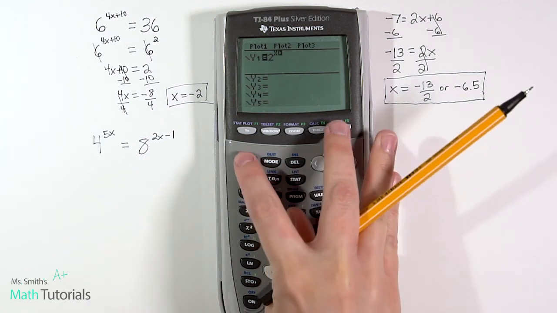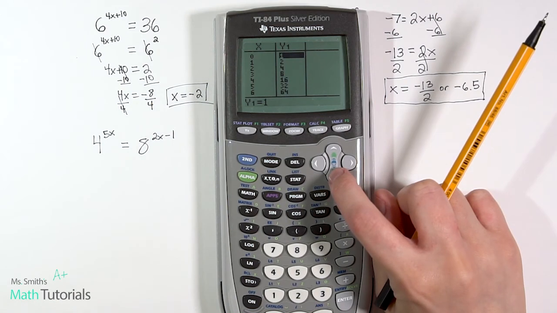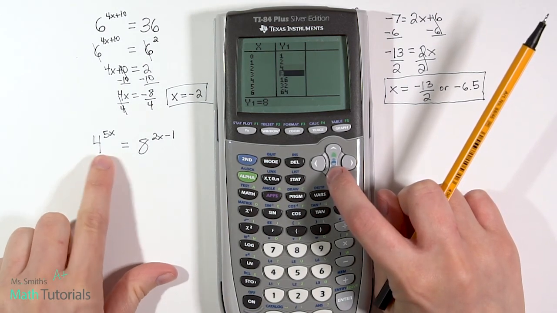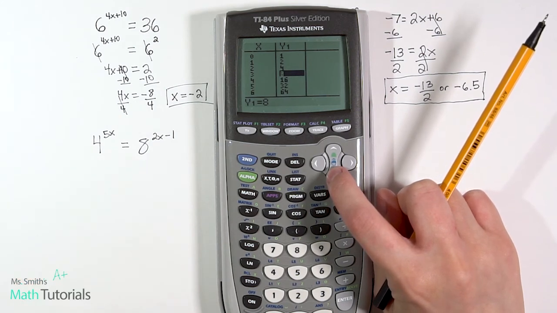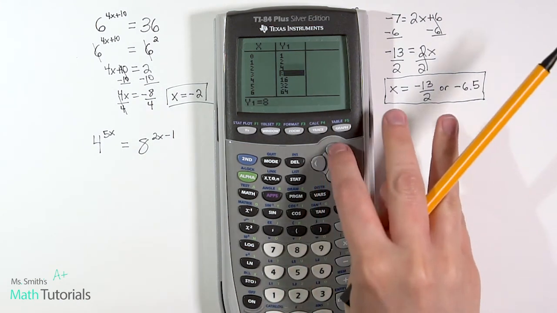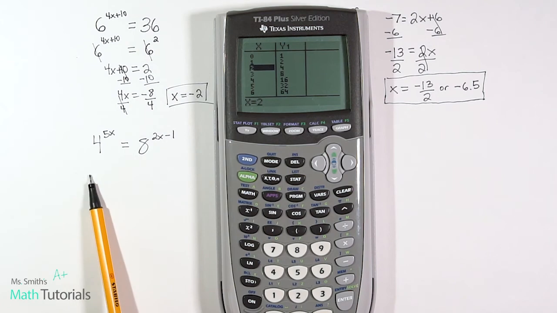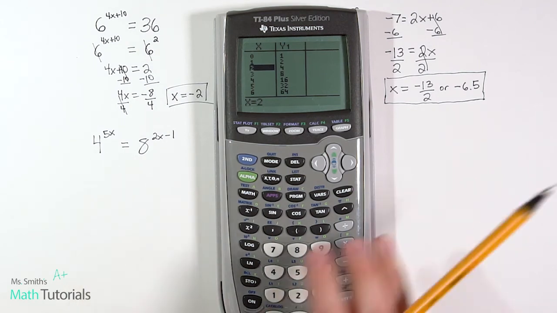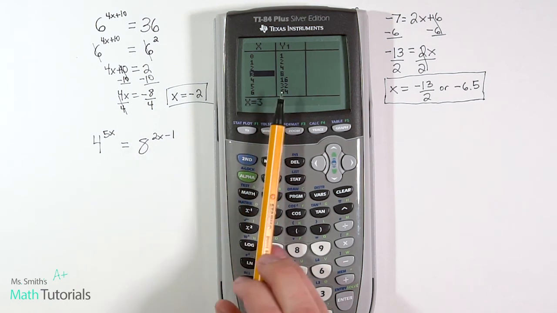Let's go into the second graph. We're looking in our y column, and look, I see a 4 and I see an 8. That's exactly what I need. So my base needs to be 2. It needs to be 2 squared on this side to give me 4, and 2 cubed on this side to give me that 8.